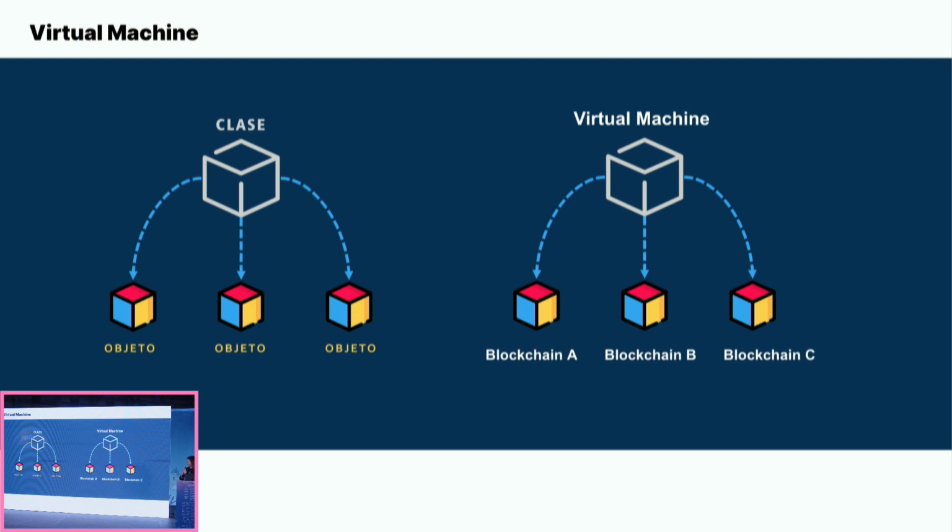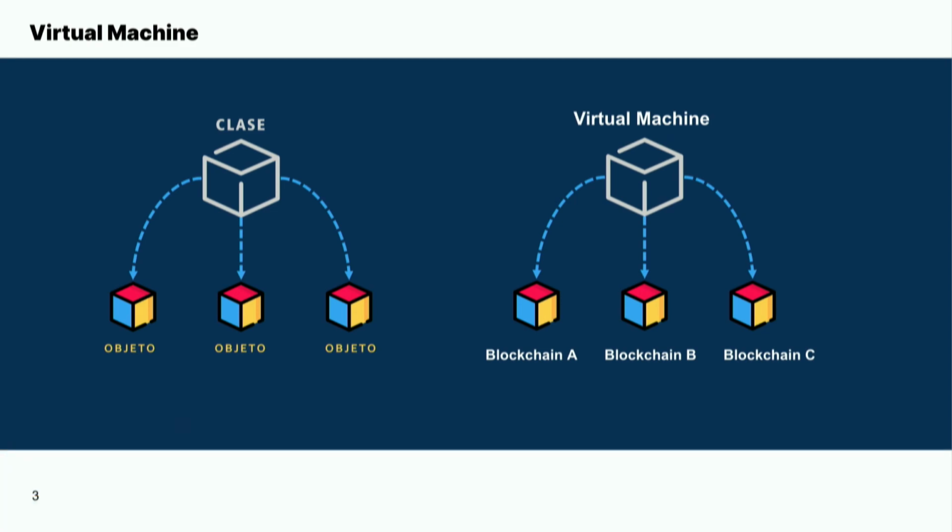For those that are familiar with object-oriented programming, you can think of virtual machines as classes and instances. In the same way that you have classes and objects, you have a virtual machine, and you can have an instance of that virtual machine, which is a blockchain.